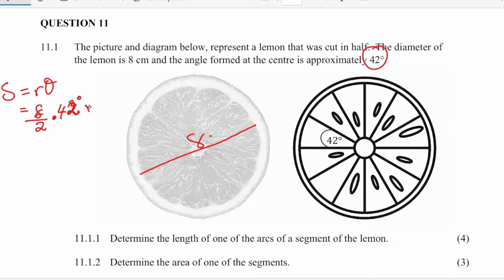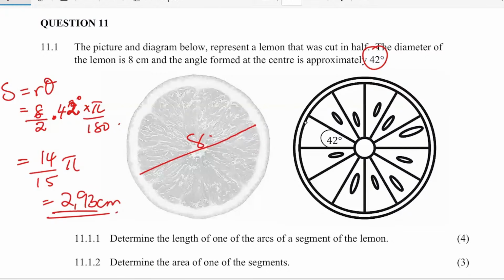We need to change this to radians. It's pi/180. Okay, simplifying this, it's going to be 4 and 42 and all of that, which is 14/15 pi, which is 2.93 centimeters. So just this small length here is 2.93.